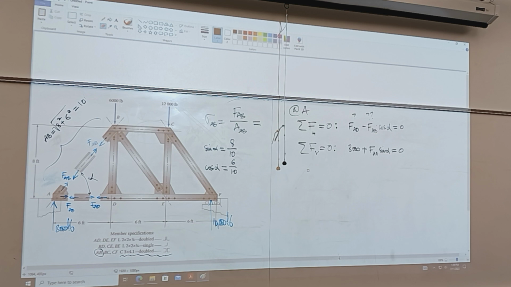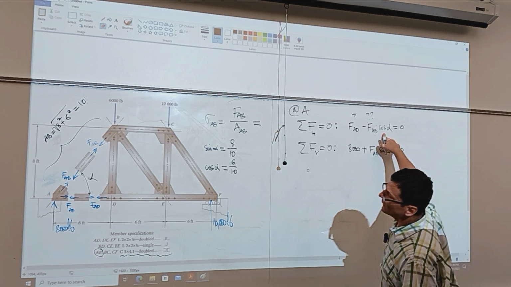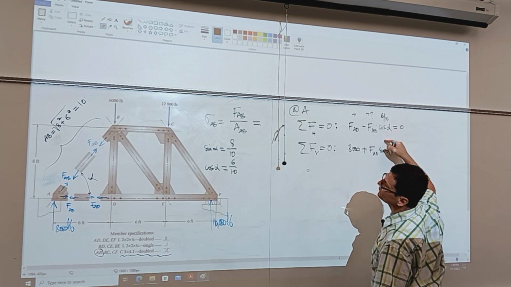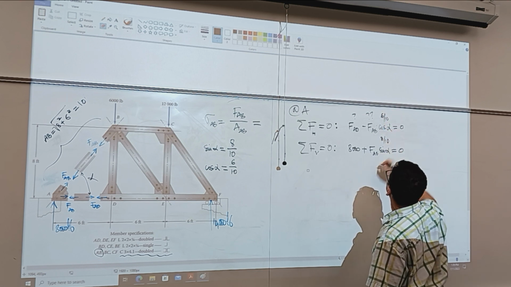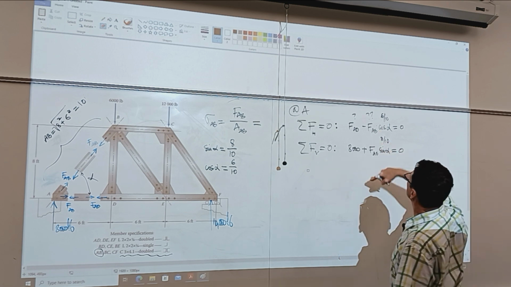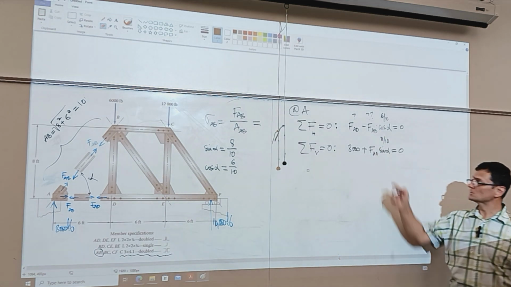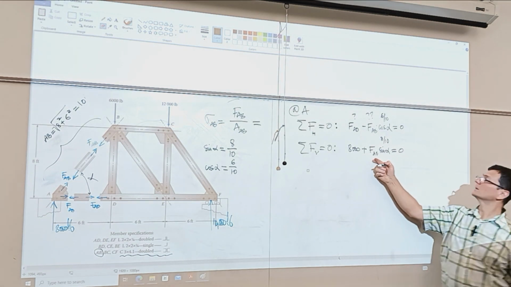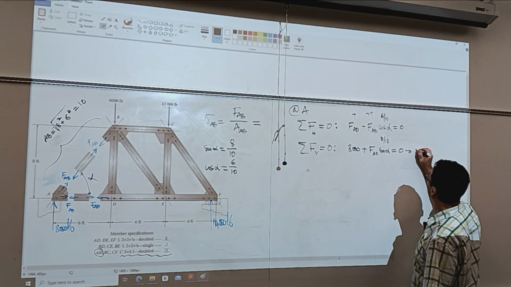So vertical: one, one. Horizontal: one, one. Again, cosine alpha is 6 over 10. Sine alpha is 8 over 10. So we have two equations, two unknowns. The second one has just one unknown, so you can solve for FAB from the second one.